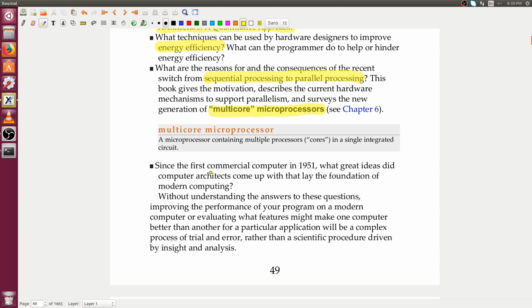Okay. And then we're going to see, since 1951, what great ideas computer architects came up with and laid the foundations of modern computing.